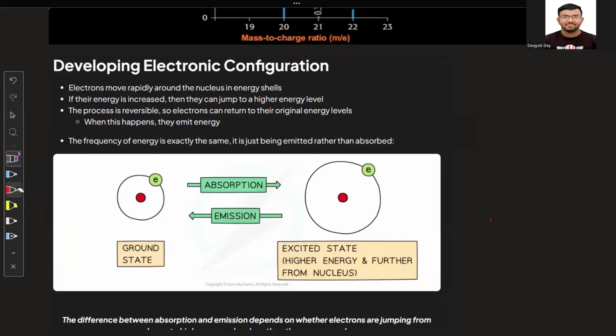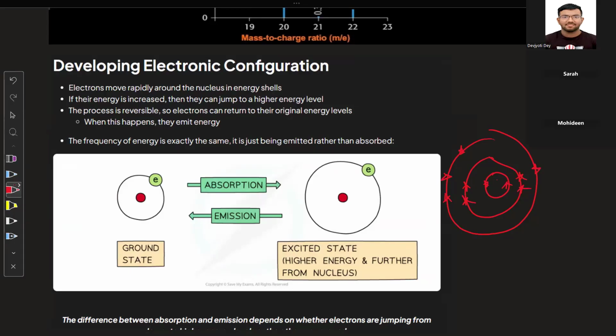For example, this was the nucleus, and around the nucleus there were some circular shapes, and within these circular shapes the electrons exist. At least that's what we know from our pre-A level knowledge, isn't it, Mohideen?